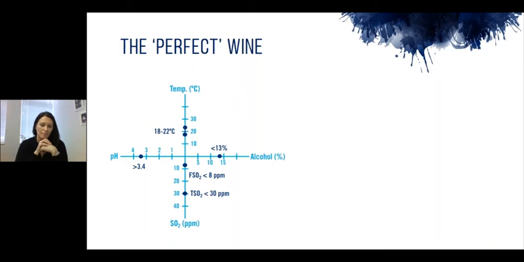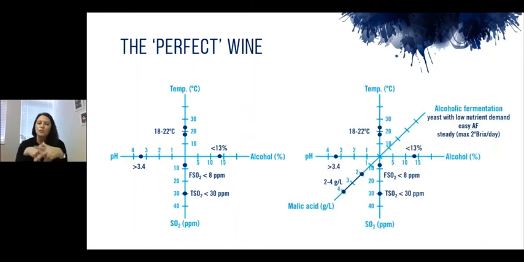conditions for the bacteria. I'd actually like to add two parameters to this, sometimes not considered as often, but it's also very important to understand what happens with the alcoholic fermentation and the impact it has on the bacteria. So ideally, you want a smooth alcoholic fermentation, not too fast, not too slow, and of course, not too stressed out yeast.